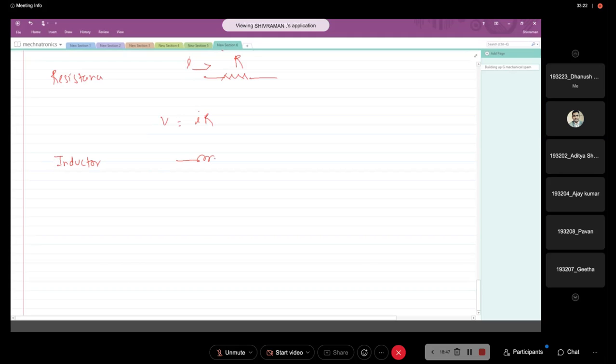Basically an inductor can be represented by this, having an inductance L, a potential difference of V, and current I. The potential difference is proportional to the rate of change of current, that is V = L dI/dt. You can remove the proportionality sign. So I will be equal to 1 by L integral of V dt.